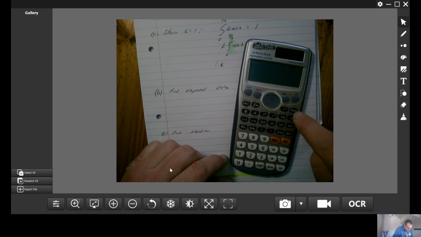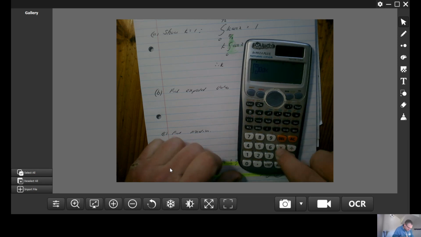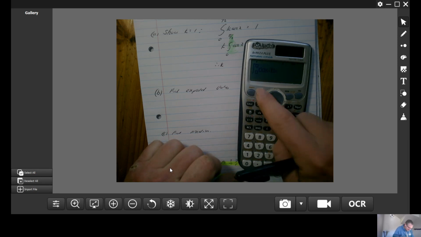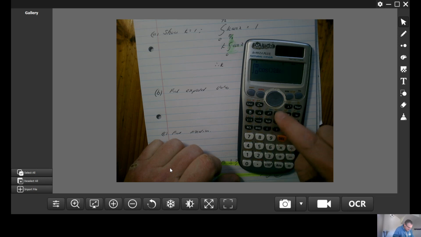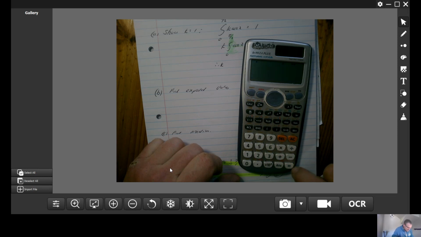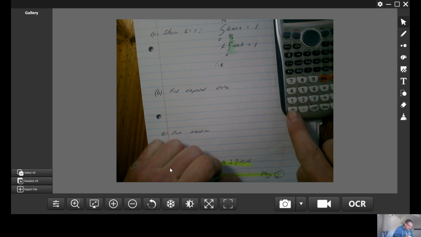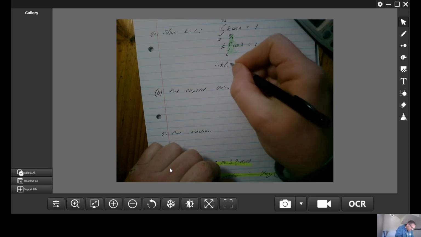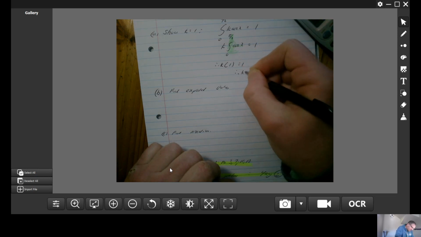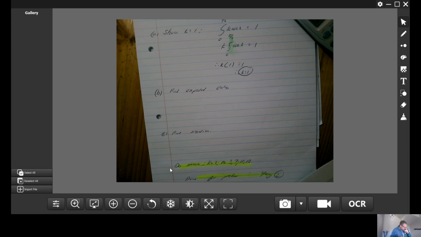The integral between 0 and pi by 2 of cos x is equal to 1. So you get k times 1 is equal to 1. So k is equal to 1 as required.